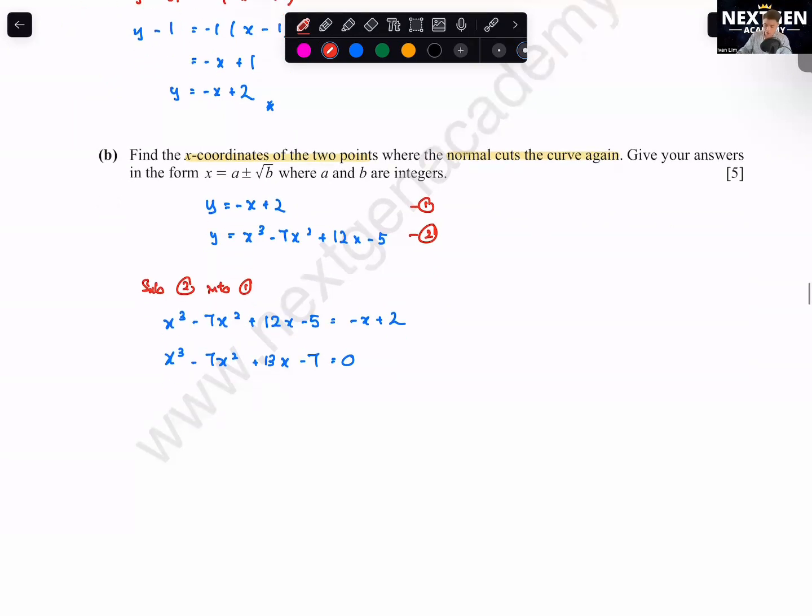Okay, so let's do long division here. Another thing also, they gave us the first factor already. What I do normally is I just use the calculator cheat first. So everyone go to your calculator and type the equation. You go to polynomial, you solve degree 3, then go into the cubic equation. Find the solution first, then only you show your presentation. So 1, minus 7, 13, and minus 7.